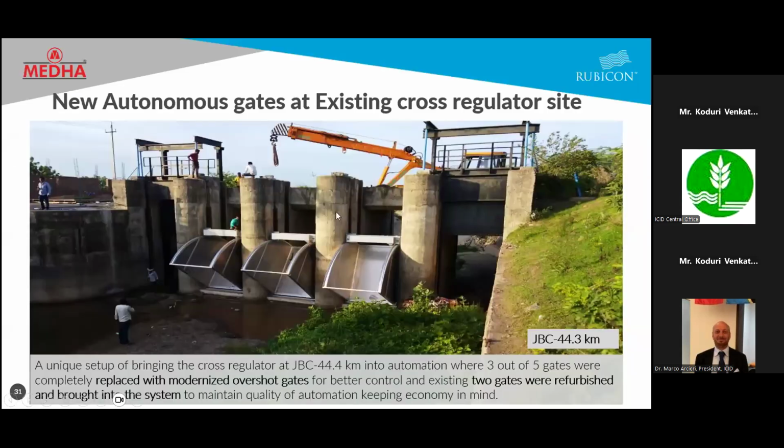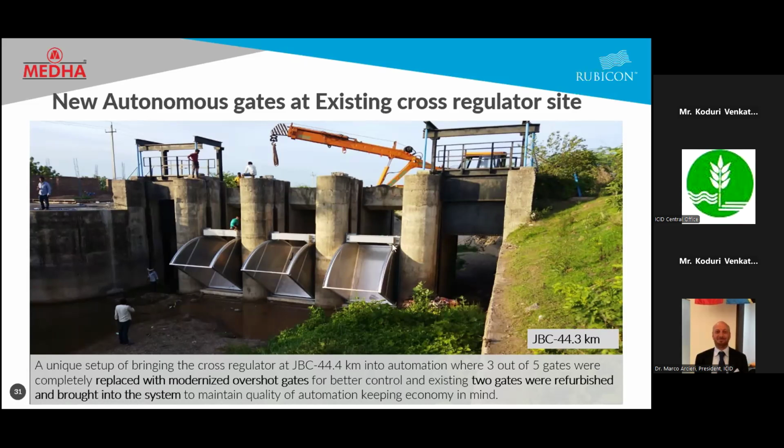Here you can see that 3 of the 5 gates, where the vertical gates were initially there, were completely removed, and the new flume gates were installed, considering that the operations based on the 3 gates are sufficient to maintain or regulate the flow. At the same time, the other 2 gates were also brought into the system and are operating online as a single site.